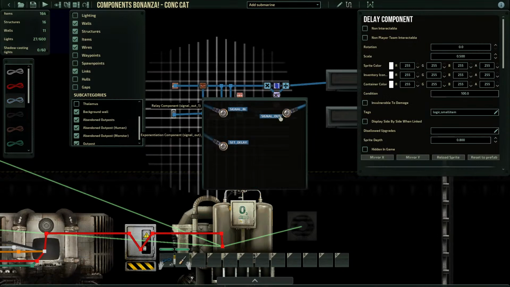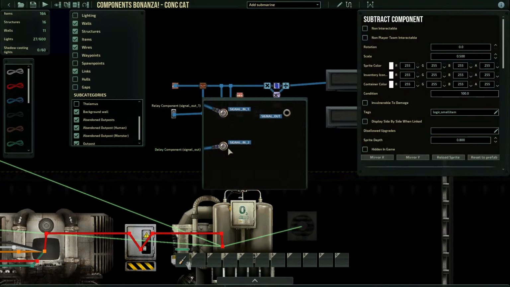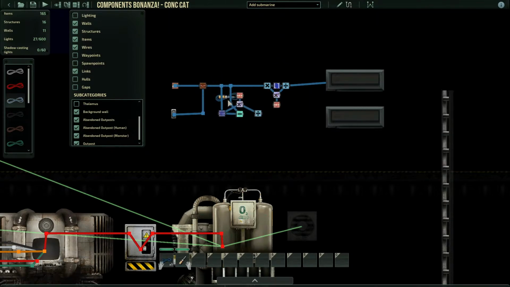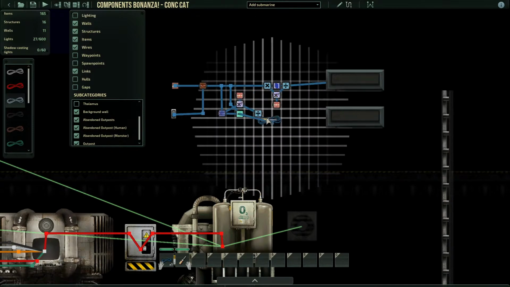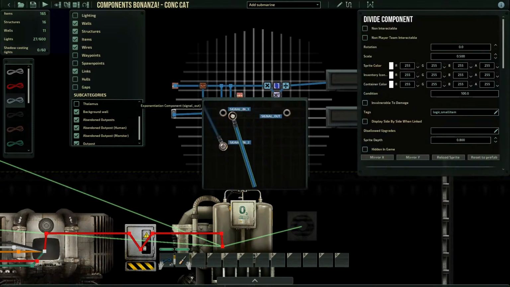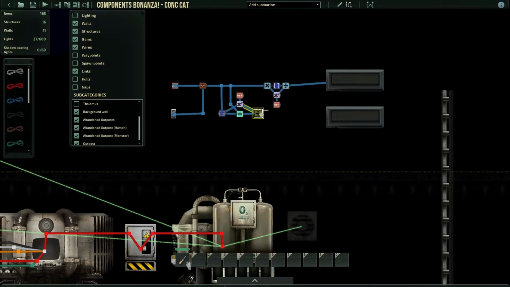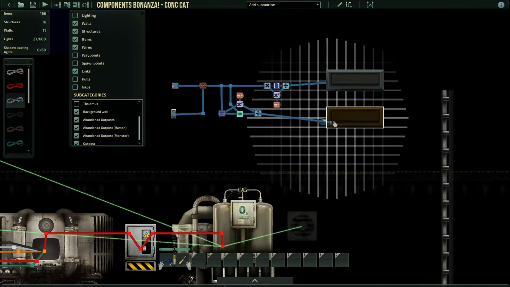All right. And then we're going to take the output of the delay block and subtract that from the incoming signal. So this subtracts the previous value from the current value, which is your change. Right? The change in your signal is whatever change it did since the last update.